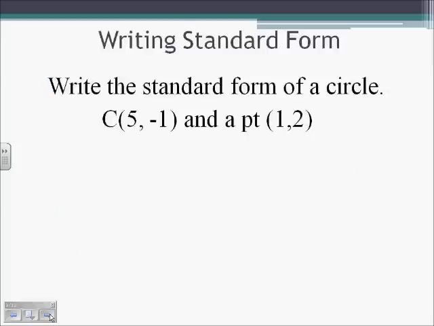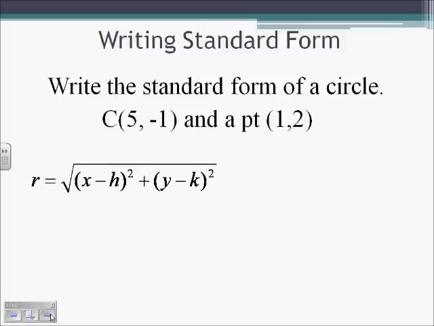Alright, write the standard form of a circle given the center and a point on the circle. So now we know to find the radius, we need to take the distance from the center to that point to find our radius. So we know our radius is going to equal the square root of (x − h)² + (y − k)².